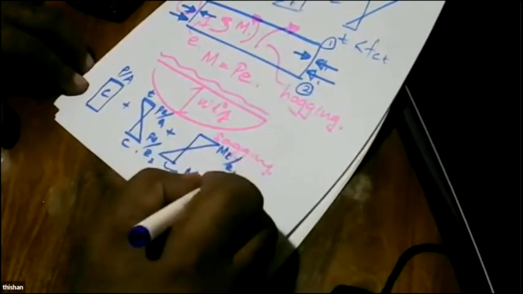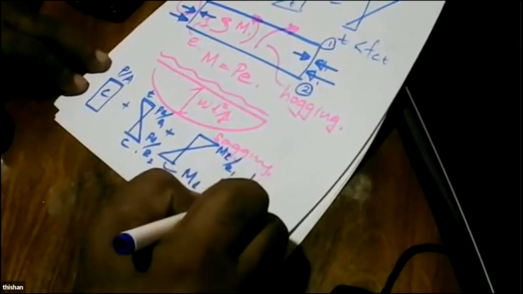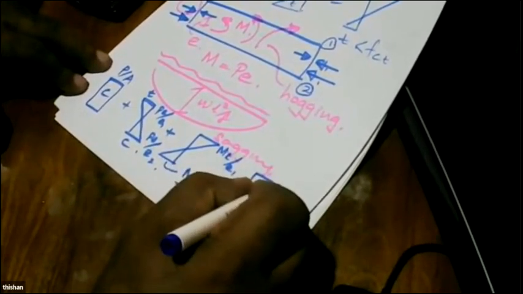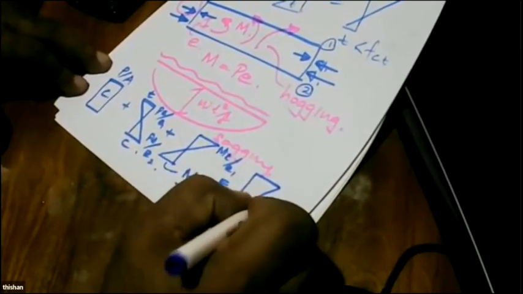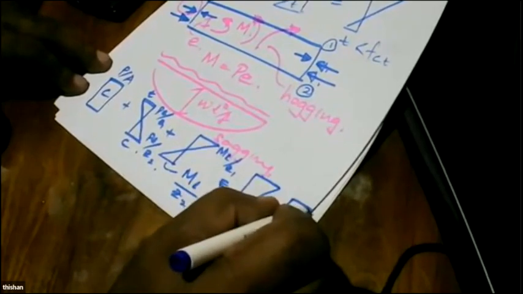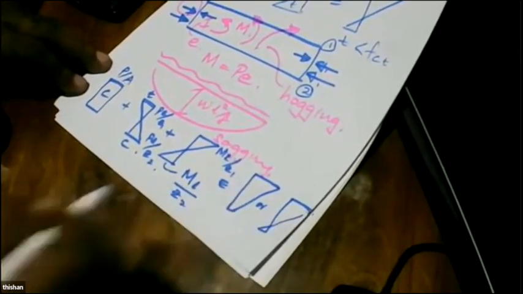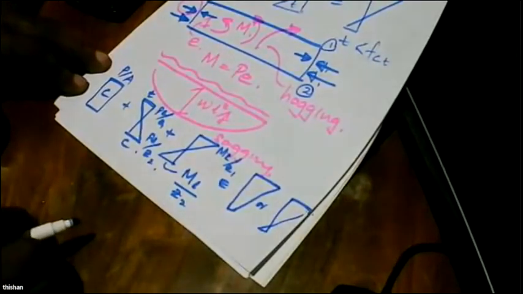So the final stress distribution can be something like this, or it also can be like this. So we can get one of them. So you can see the theory is very simple.